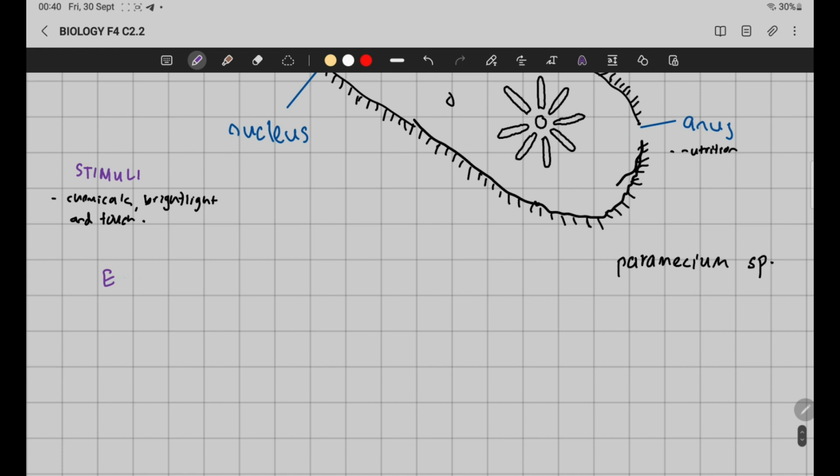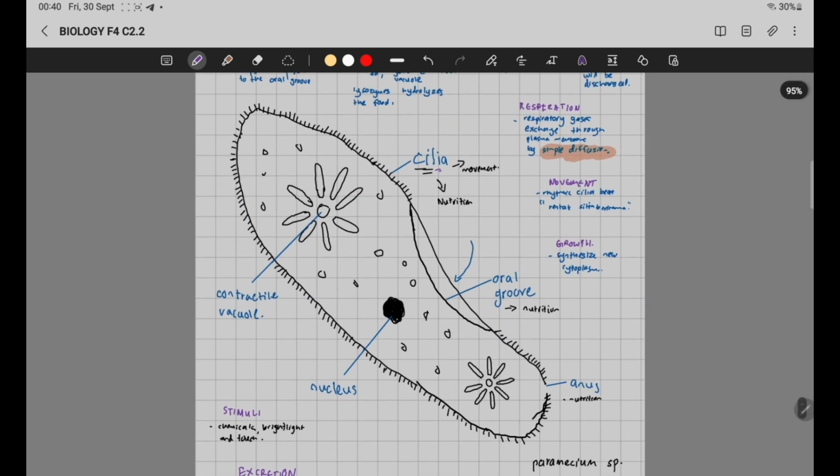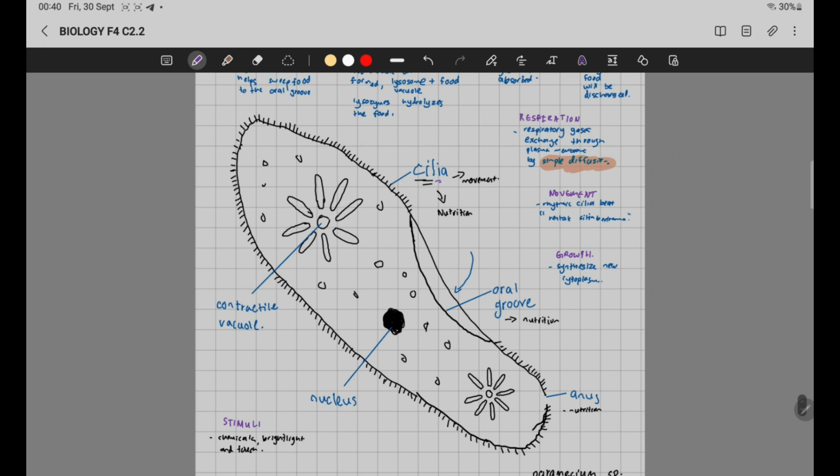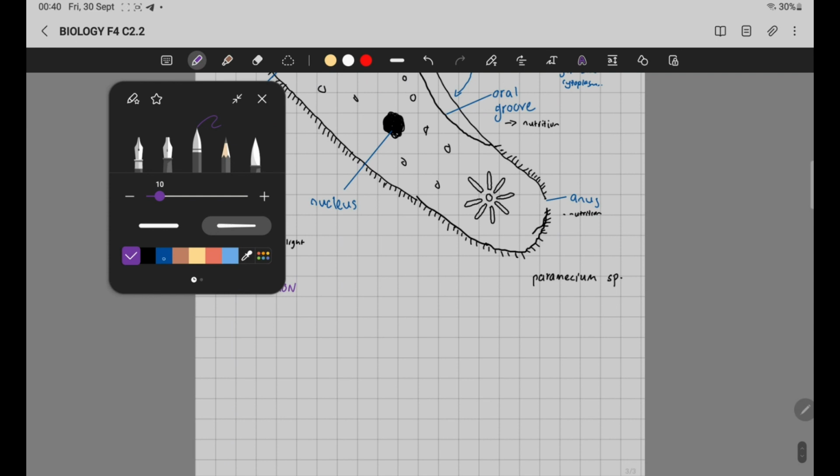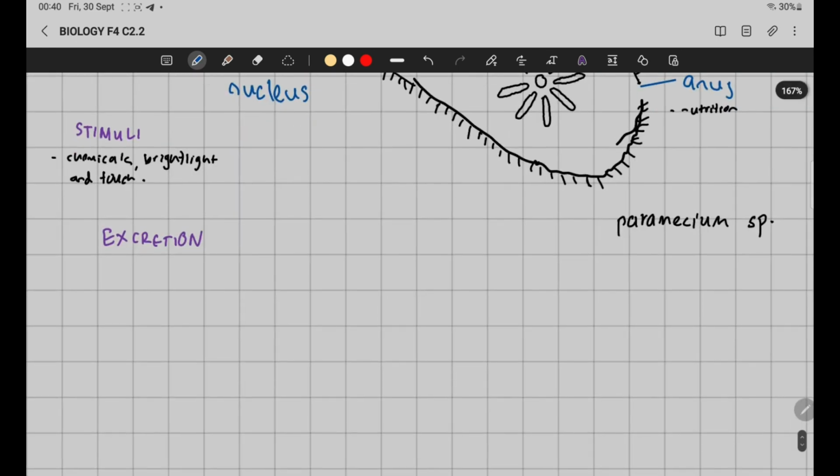And then again, the excretion process is also important, in which water will diffuse in, same like amoeba. The water, H2O, will diffuse in through osmosis. Again I want to highlight the osmosis here, and then it will fill up the contractile vacuole.